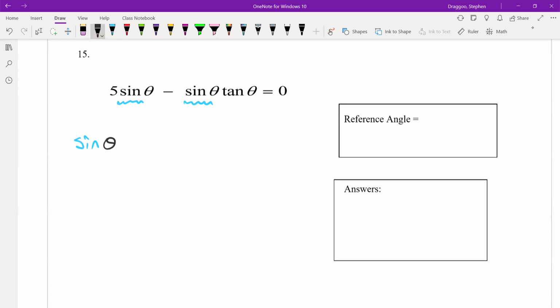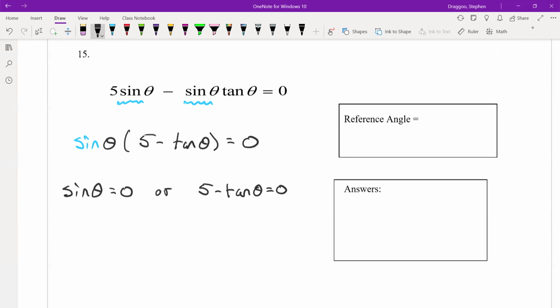So I'll have sine of theta times 5 minus tangent theta is equal to 0, which means I get a pair of equations from that. I get either sine of theta equals 0 or 5 minus tangent theta is equal to 0. Either one works.